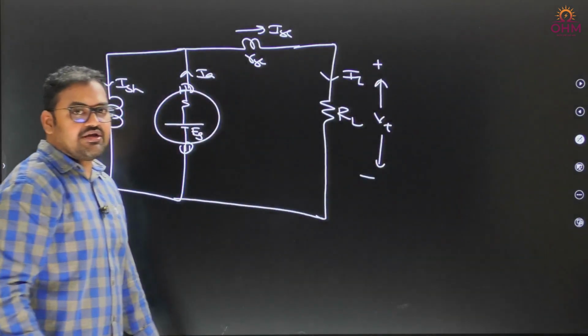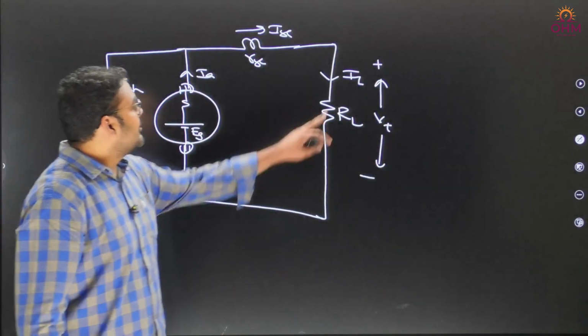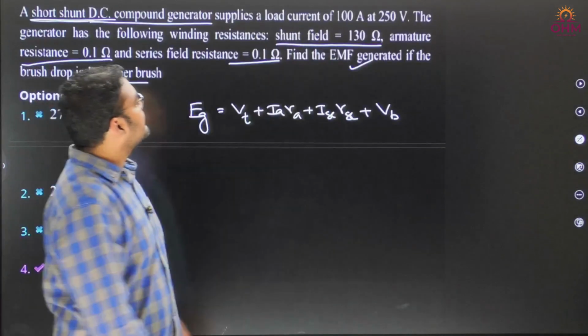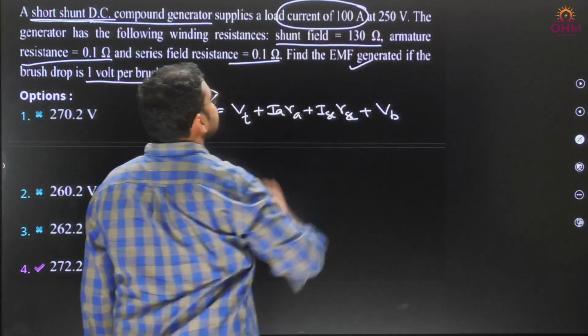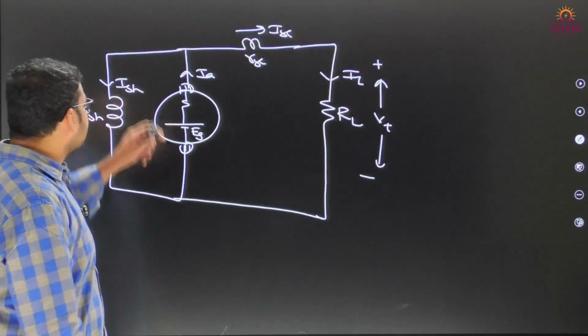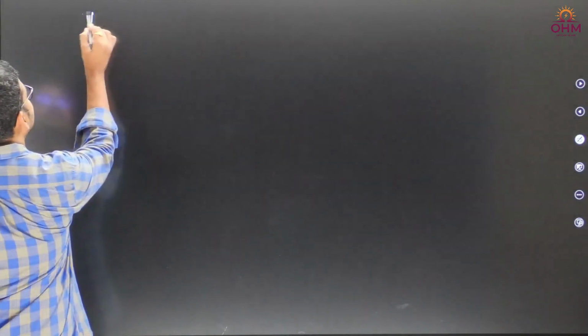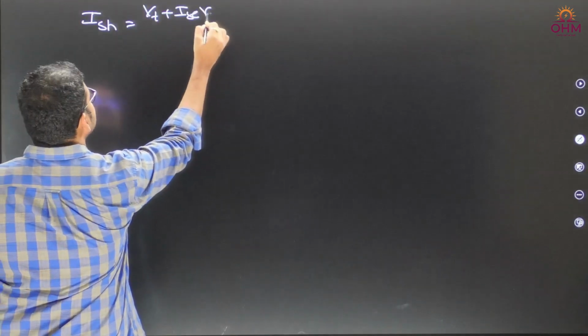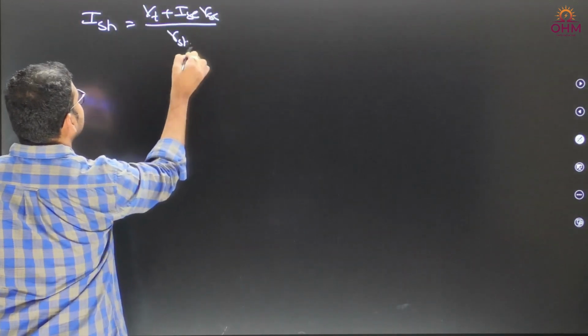Now you can clearly understand from this diagram that load current and series current are absolutely the same. What is the load current? 100 ampere. That means series current is also 100 ampere. Now calculate shunt current. The formula for shunt current is Vt plus ISE RSE by RSH.